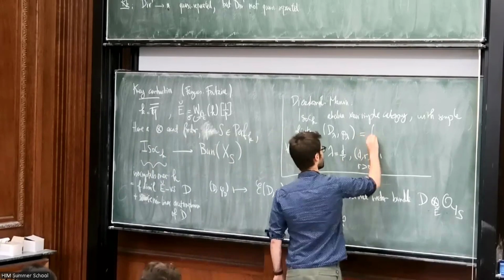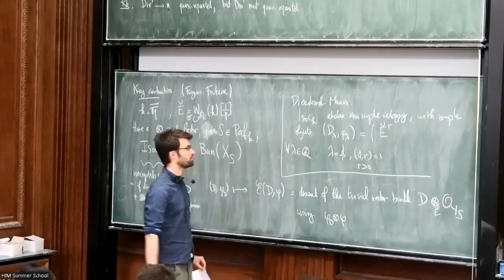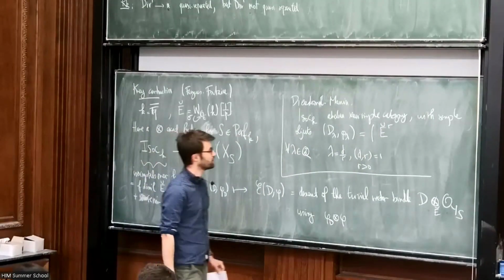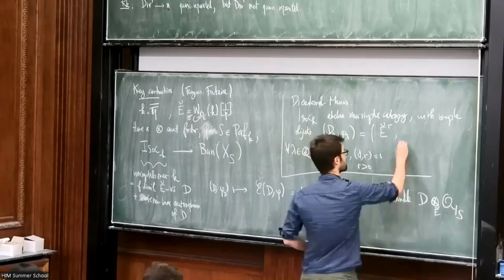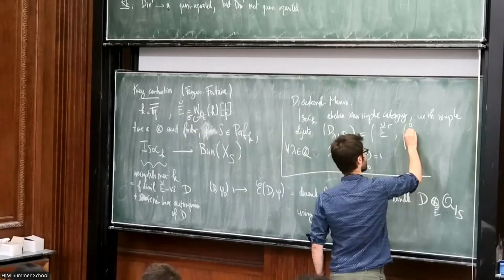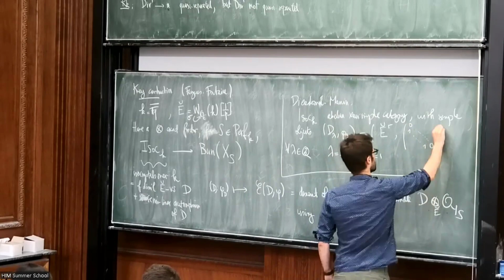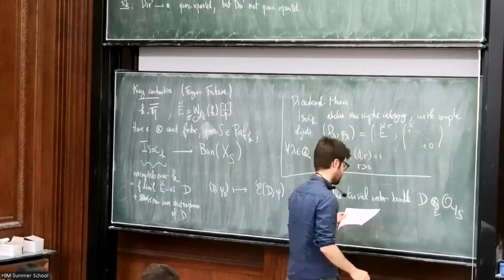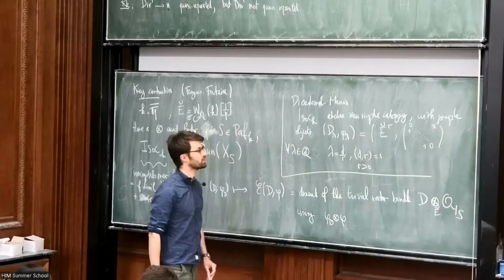Then, as an E breve vector space, it has dimension r. And the matrix of Frobenius is given by the following expression: ones below the diagonal and pi to the d on the top right corner.